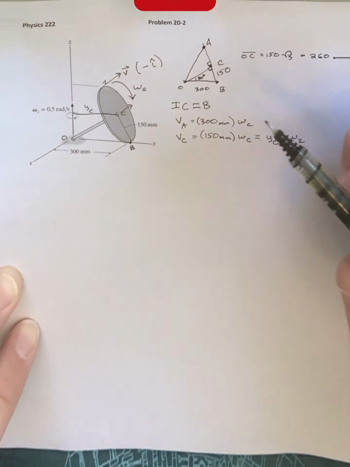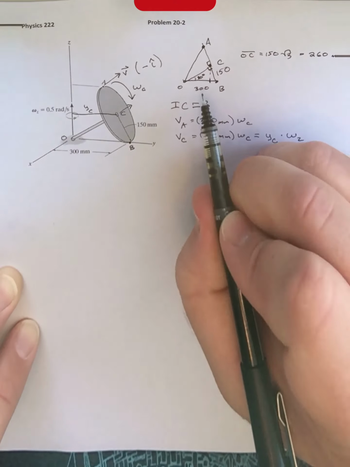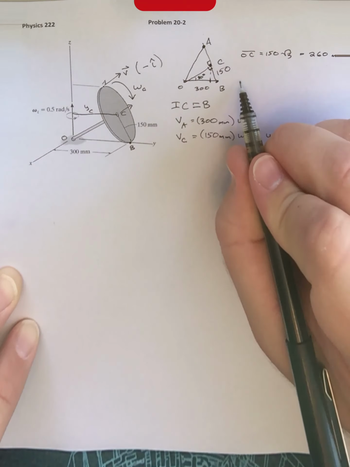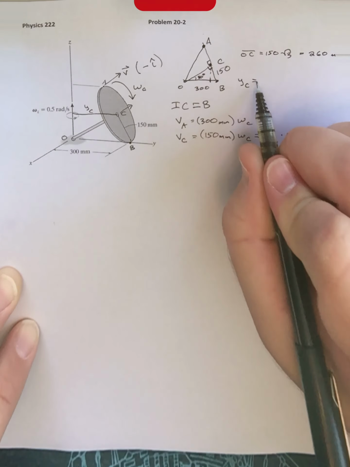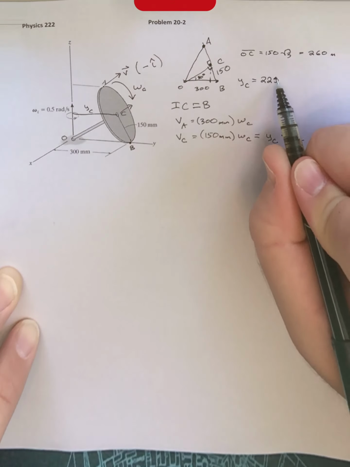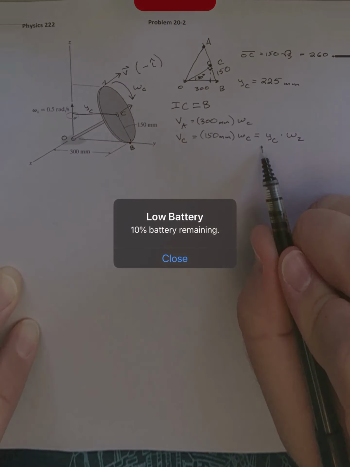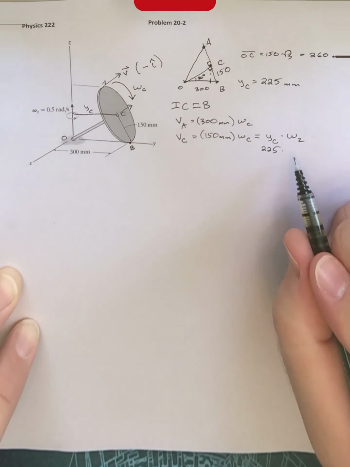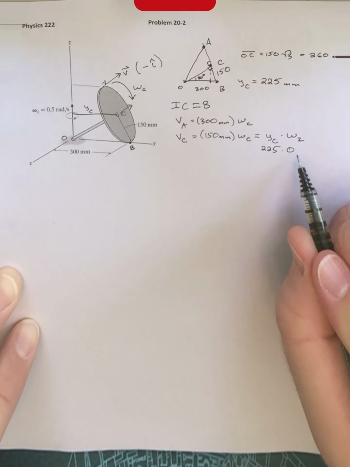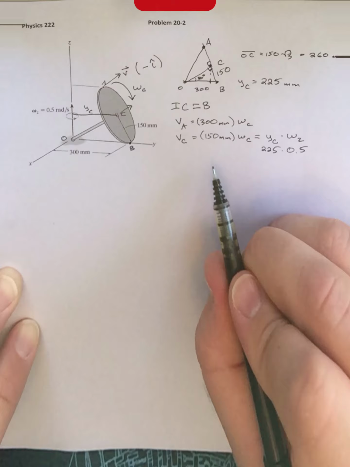Coming back to our triangle, if we drop this down here, this distance is going to be YC. If we work that out, we get that YC is exactly 225 millimeters. So if this is 225 and this is equal to 0.5, we can then divide by 150.